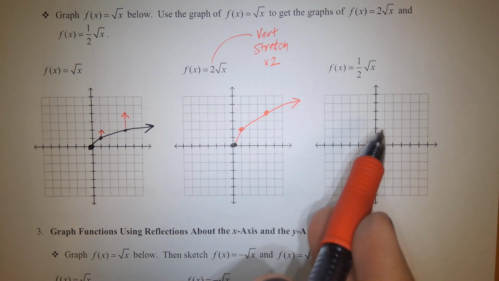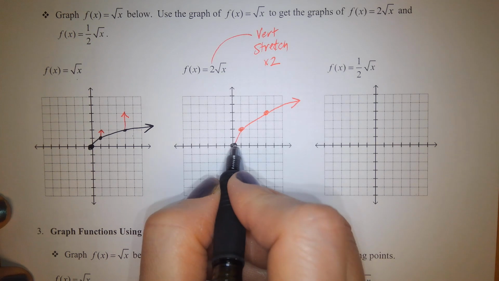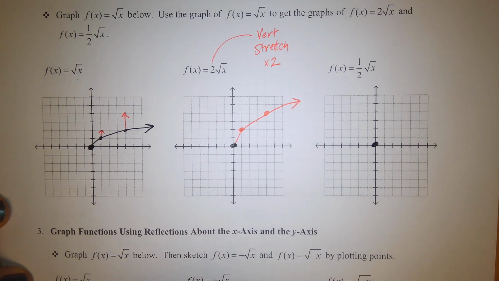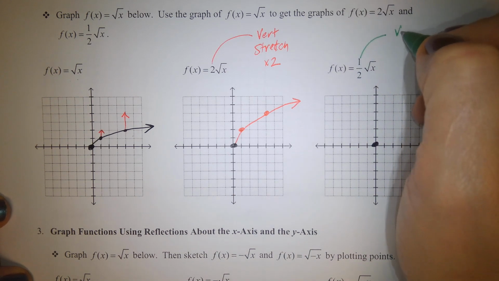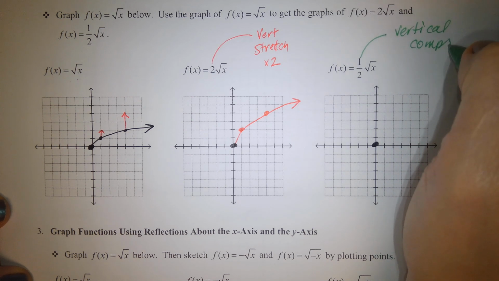Now we're going to do this one again, but this time we're going to multiply it by 1/2 in front. Now remember, the vertex never moves. It is the anchor, and then each point will move from there. 1/2, since it is less than 1, will be a compression.